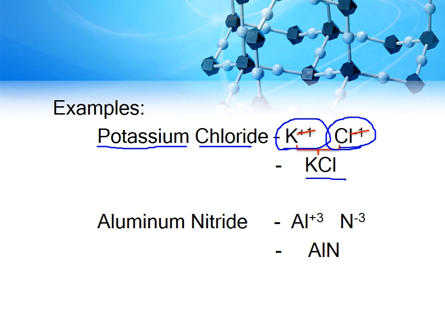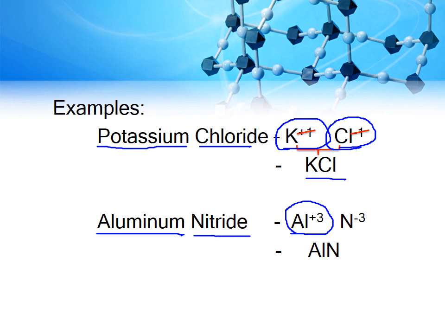Another example is we are asked to write the chemical formula of the compound aluminum nitride. Again, according to the rule, we will first write the symbol of the positive ion or the cation, which is aluminum, and its oxidation number, which is positive 3. So we have here Al positive 3.